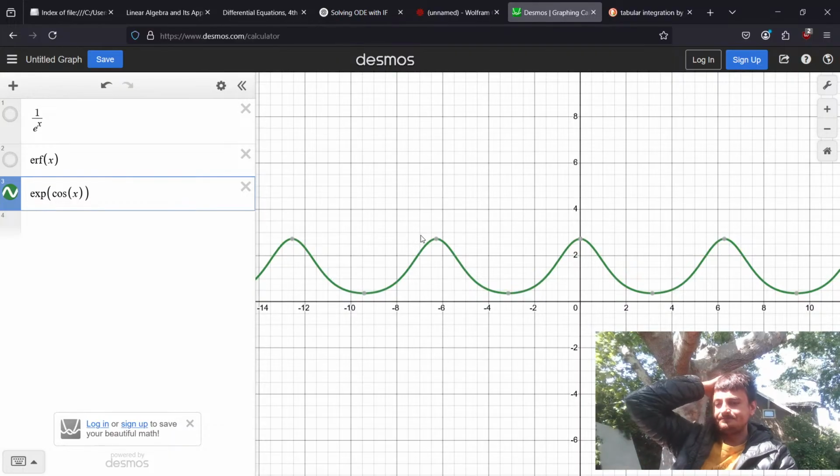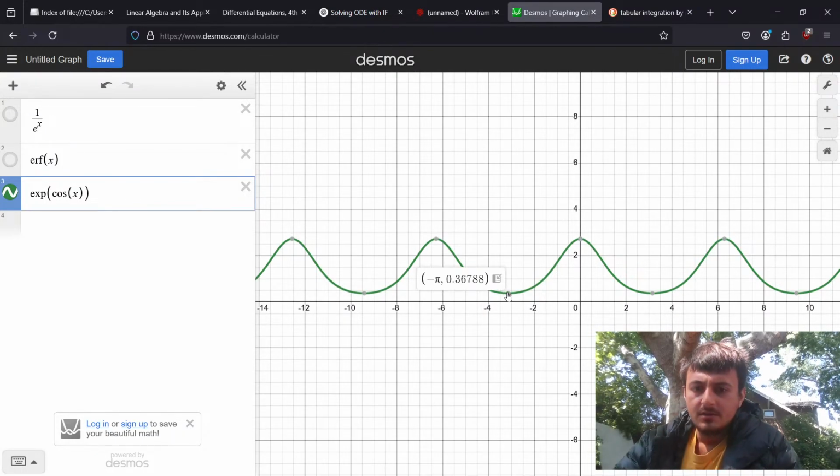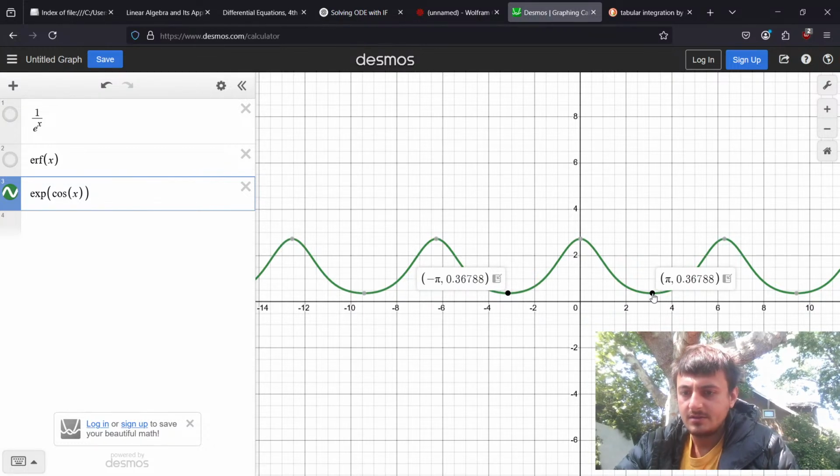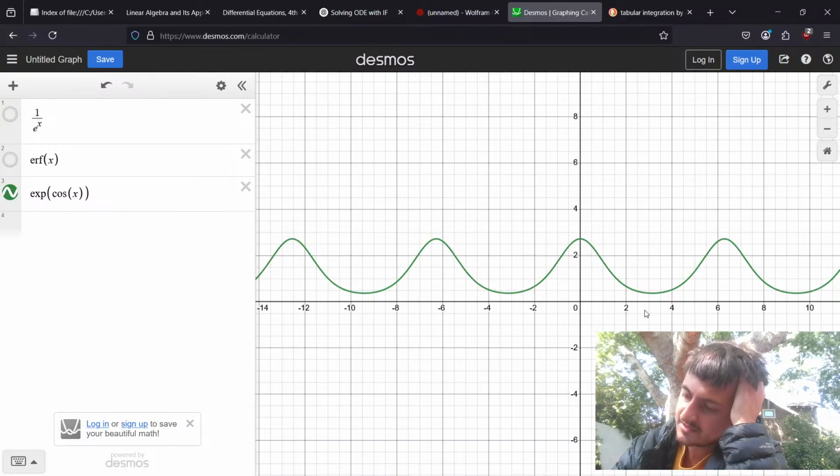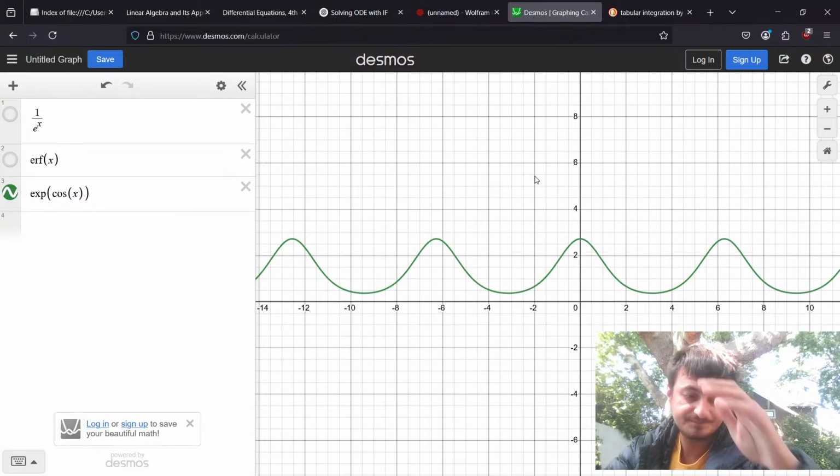That's pretty cool. So then my guess is that this actually does have an indefinite integral.